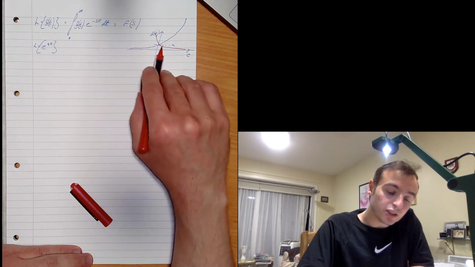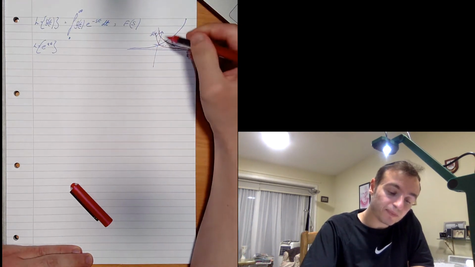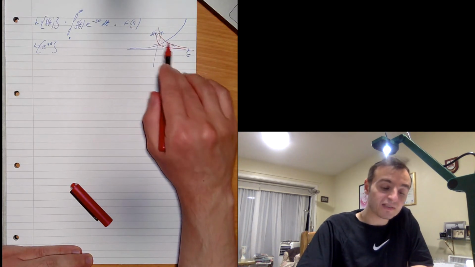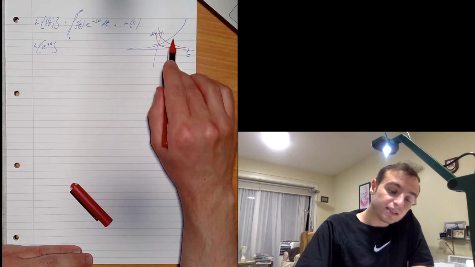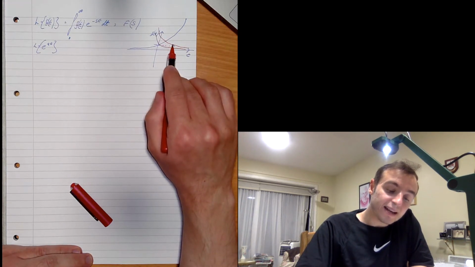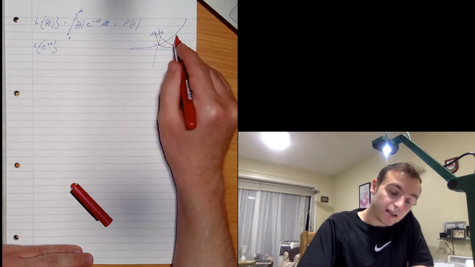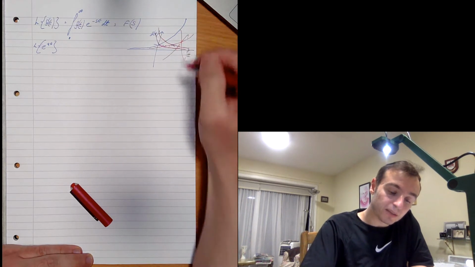Now, if s is too large, meaning something like this, I've done that a bit wonky, but you get the idea. If that's a larger value of s for the negative exponential function, then it's not going to decrease at a rate at which it's going to tend to 0. So as t tends to infinity, the product of this function and this function will actually tend to infinity, and that's not something that we want.